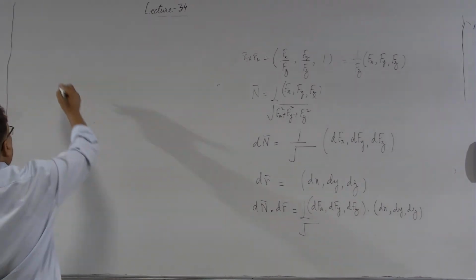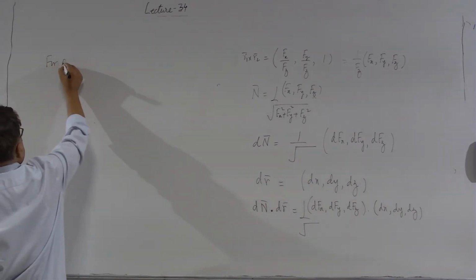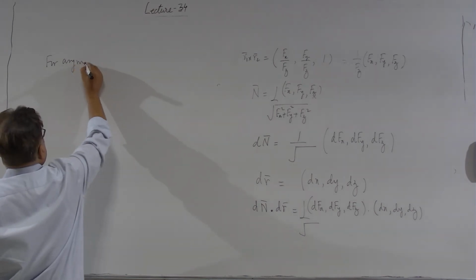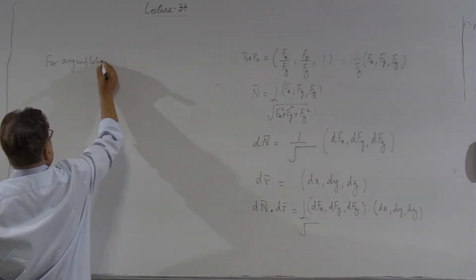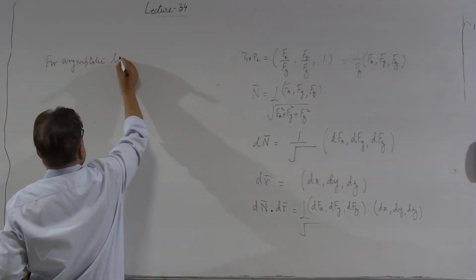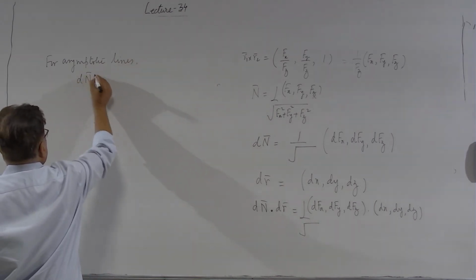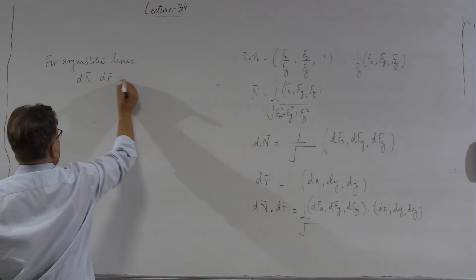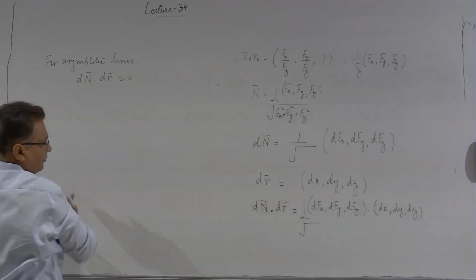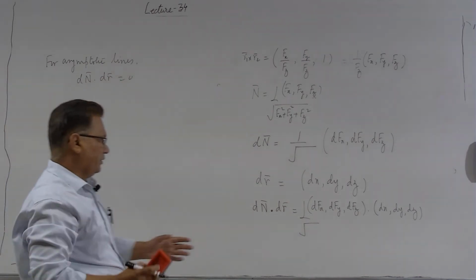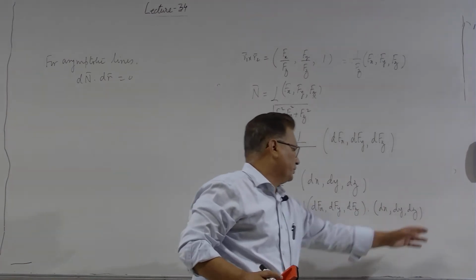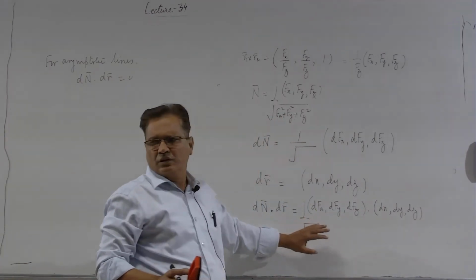So, for asymptotic lines, what should happen? dn dot dr must be 0, and therefore, if I put the right hand side of this to be 0, this square root will go off.